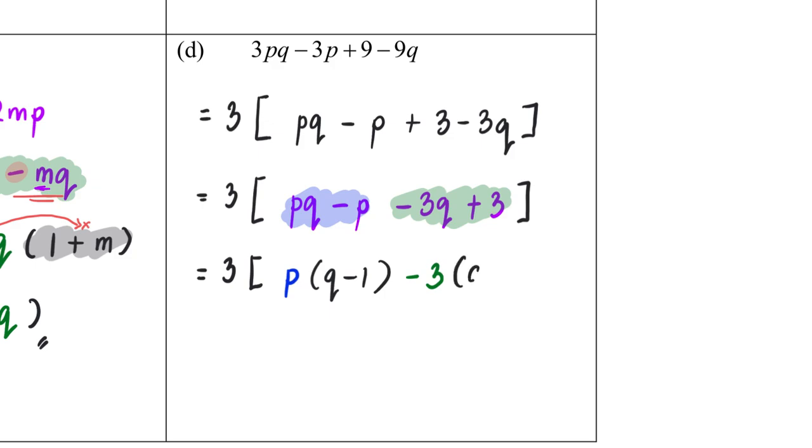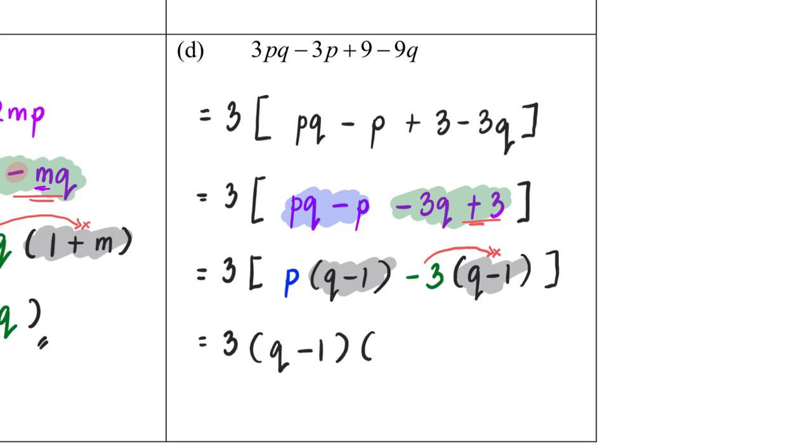I would also have my q minus 1. Again, for those who might be wondering why my negative 1 instead of positive, because if I were to multiply negative 3 with negative 1, it will give me back my positive 3. And things now fell in place. q minus 1 is the common factor, and I'm left with p minus 3.